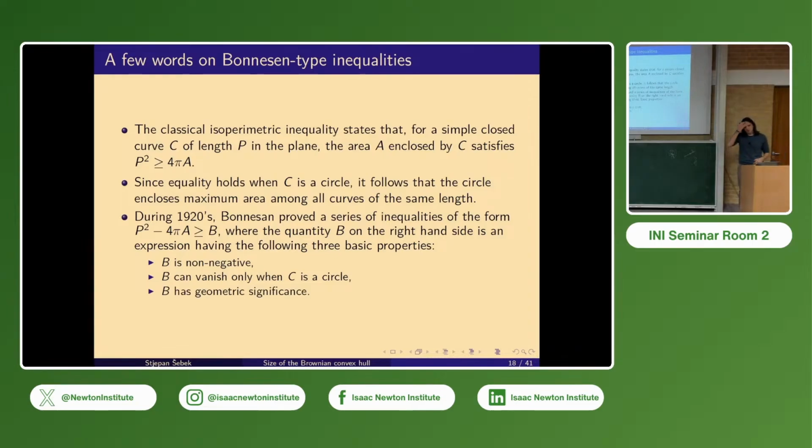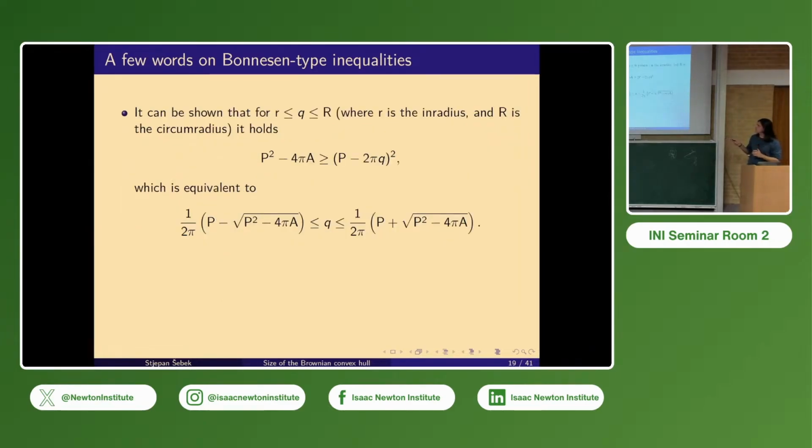And so we found one such inequality of this shape: P squared minus 4 pi A, so perimeter squared minus 4 times pi times area, is bigger than or equal to something. It turns out that it's bigger than or equal to this thing here: P minus 2 pi q, squared, where q can be anything between the inradius and the circumradius.